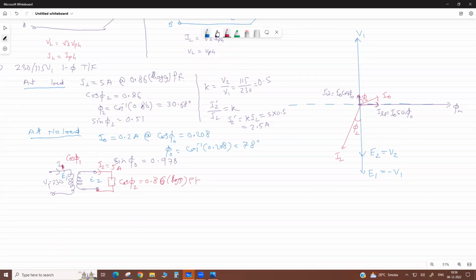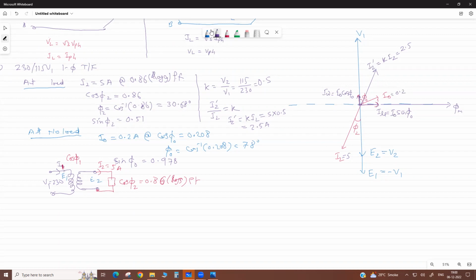Now as referred to the primary side, I2 dash equals K I2, which we have calculated. It is 2.5, from the 5 ampere. The magnitude of the no load current is also given, 0.2.